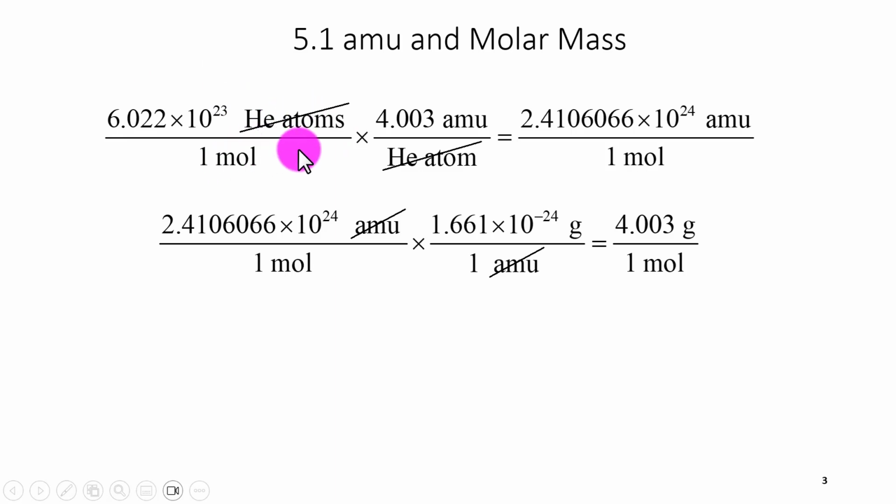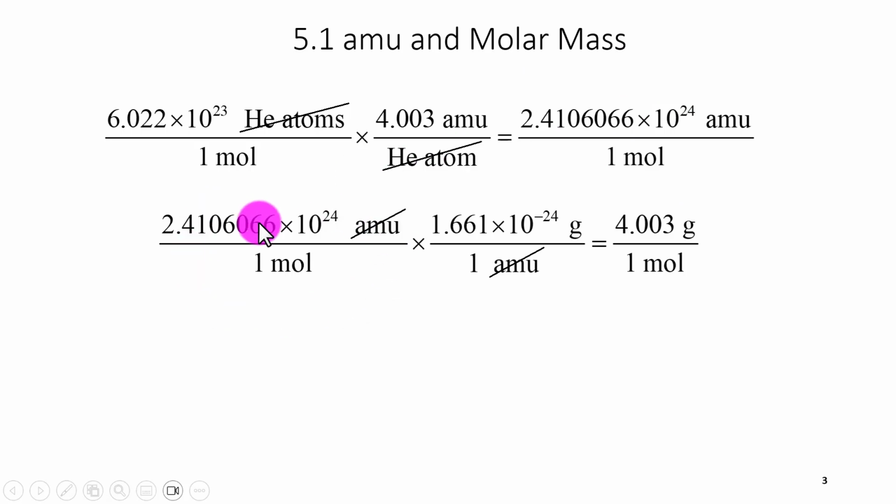So this is a conversion factor that we learned in the previous video. If I start with this many helium atoms, every mole has this many, and then I multiply it by the mass of 1 atom. So 1 helium atom weighs 4.003 AMUs. Now I have this number in AMUs per 1 mole.